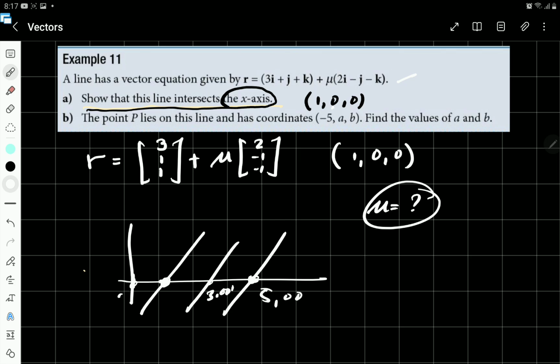So we don't know. Since we don't know, let's change this one, not 1, because it's not definitely passing through 1. Let's say a number c.